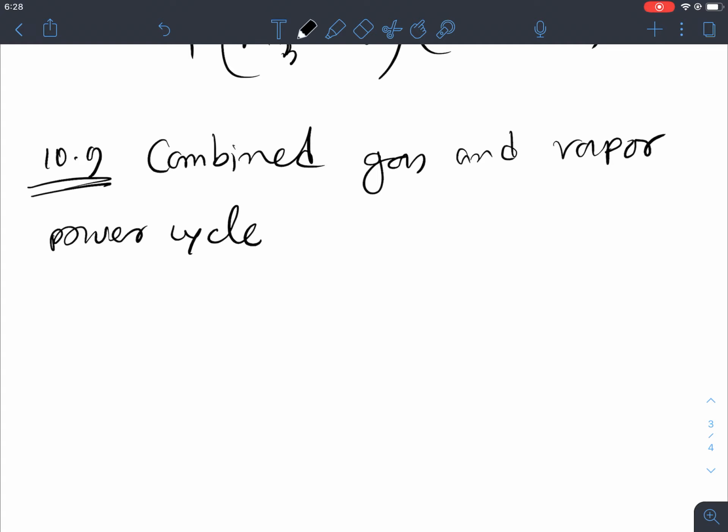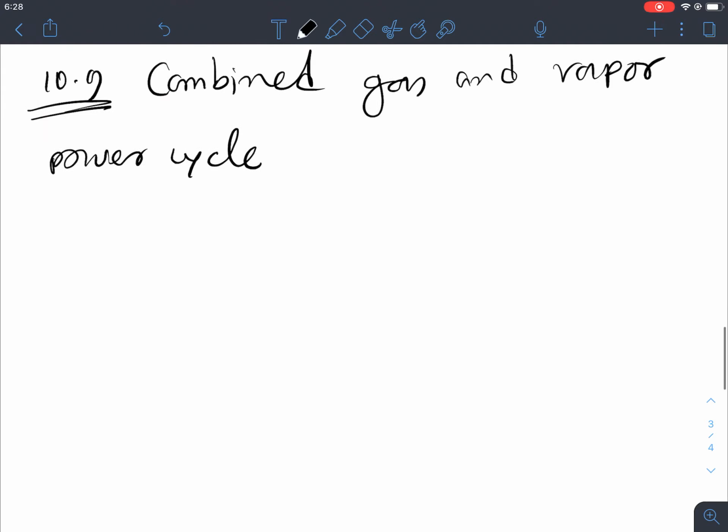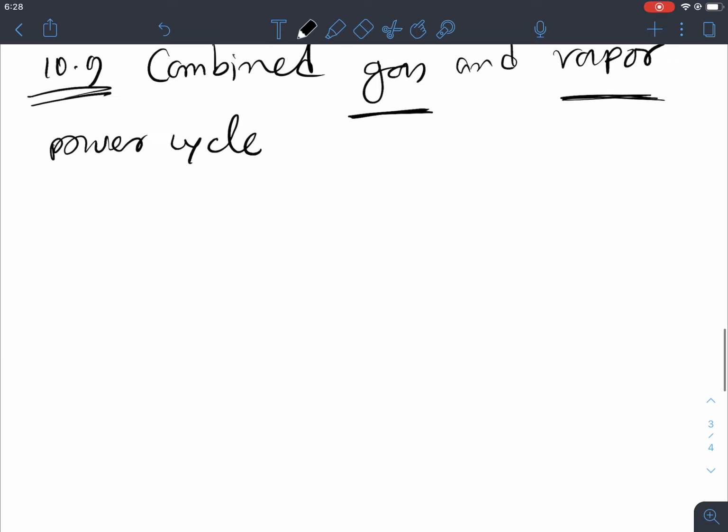This topic itself tells us what we are going to do. In chapter 9 we talked about the gas power cycle, and chapter 10 is the vapor power cycle, Brayton versus Rankine. In this topic we'll combine them. How can we combine them, right?